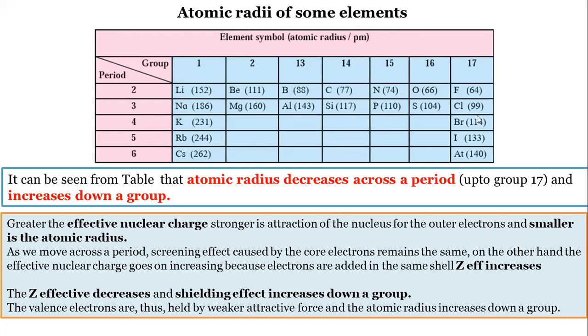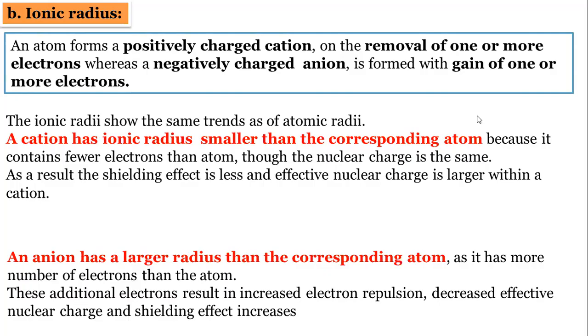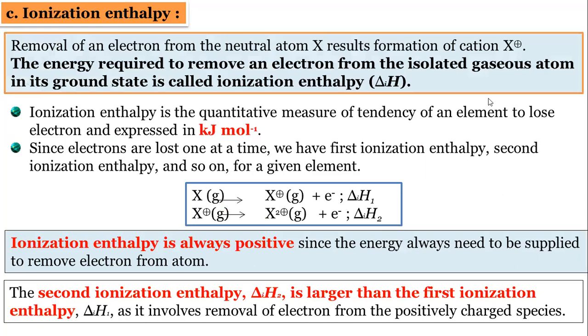The nucleus will attract the electrons towards itself, so contraction will take place. So there is a decrease in atomic size across the period, and an increase in atomic size from top to bottom because of the shell. Remember, these two trends are very important. Now today we will discuss the second trend.